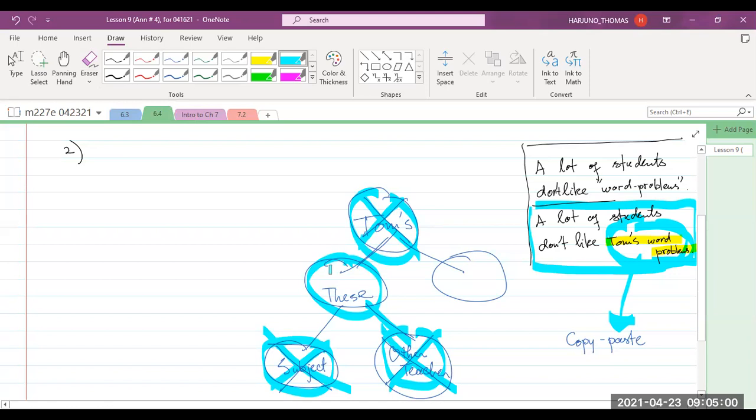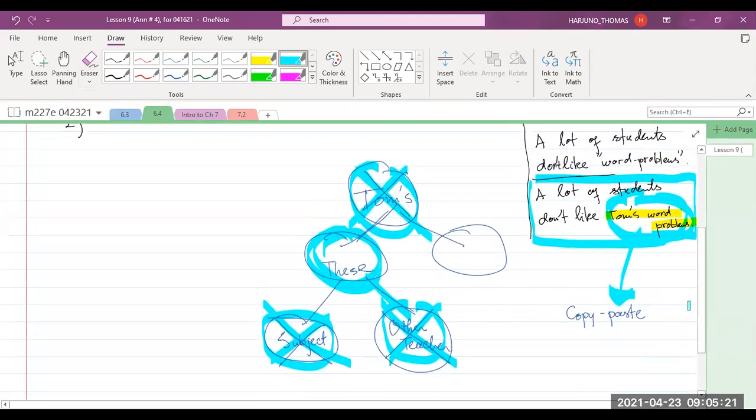if somebody complained against you, not only in this case, like somebody complained against you at work, right? One customer complained against you, then your manager, or let's say you are the manager and some people complain against one of your employees. So this customer doesn't like Thomas. Let's say Thomas is your employee.